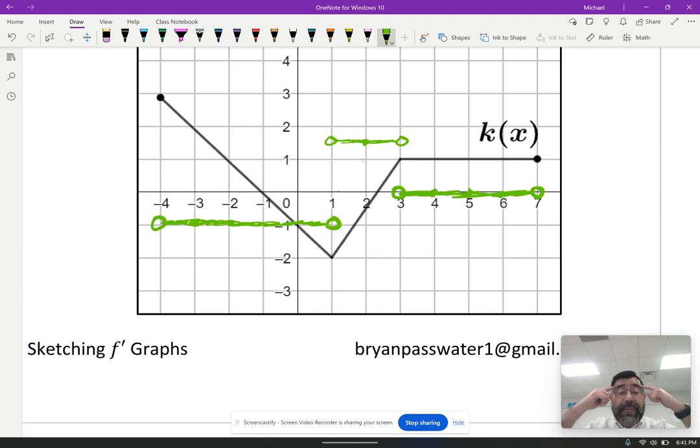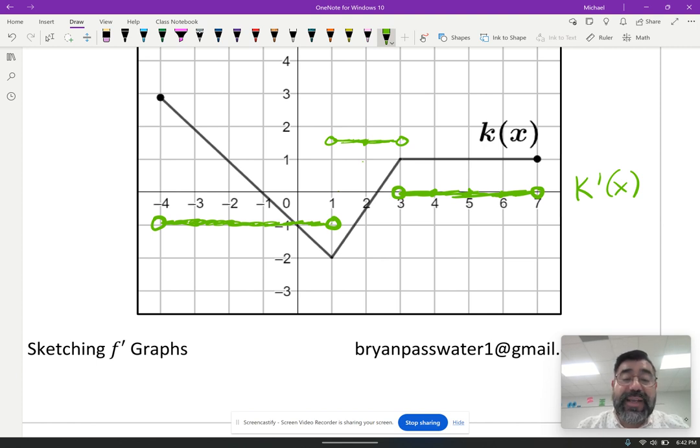Now, if you look at this, this is the graph of K prime. If you think about it, look at the graph. The graph has 3 line segments. That means there's 3 sections where the slope is constant. The slope is the same here from between -4 and 1. The derivatives are the same here. All the y values of the derivatives are the same here.